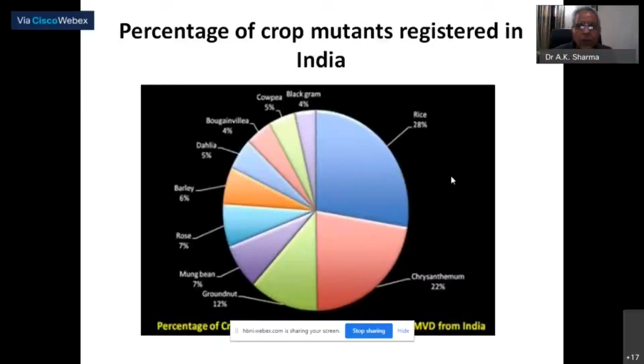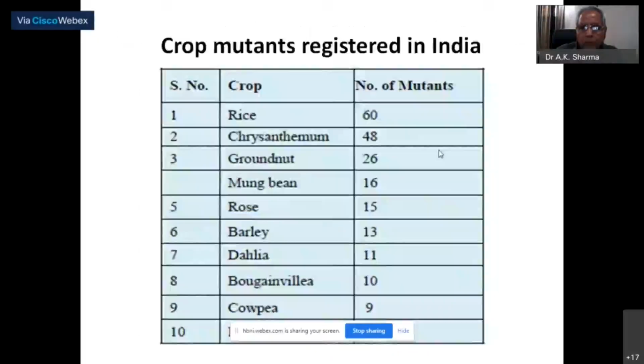Groundnut is a very strong crop that we have worked on. So basically, on pulses and oil seeds, we have registered several mutants of improved crop varieties. These are the mutants which are registered in India, as I already told you.